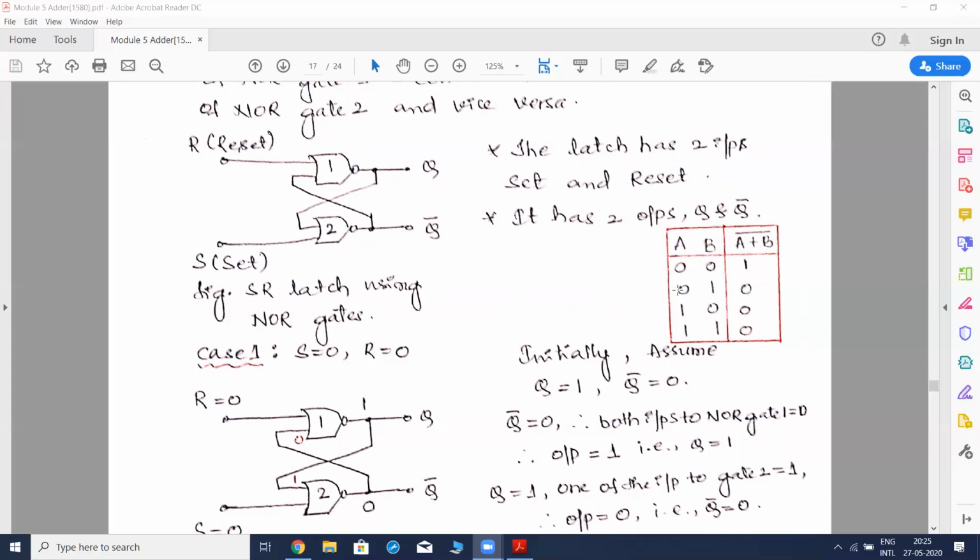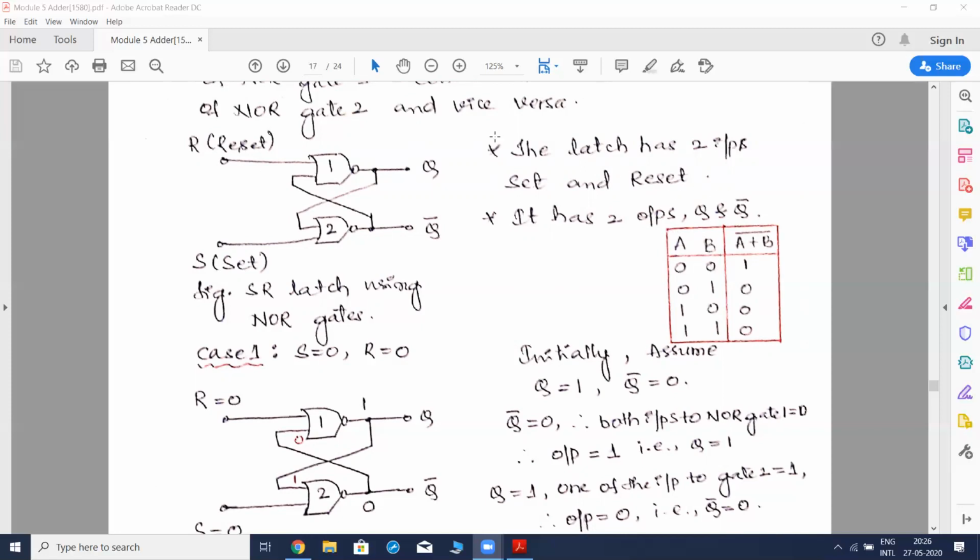So what is the output of the OR gate? If any one of the inputs is 1, or if both the inputs are 1, we are going to get 1. When both the inputs are 0, 0, we are going to get 0. That is the OR gate, which we use for logical addition.